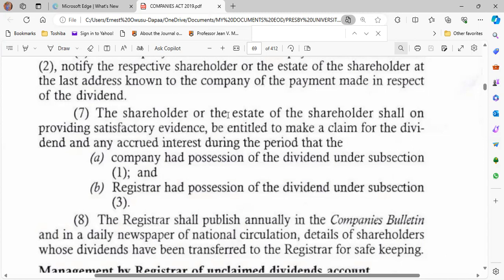Where the appropriate evidence is adduced to the satisfaction of the company or the registrar, where the dividend has moved from the company to the registrar after the 12 months, then the money will be paid to the shareholder or the estate after the necessary proof. So that is the point.